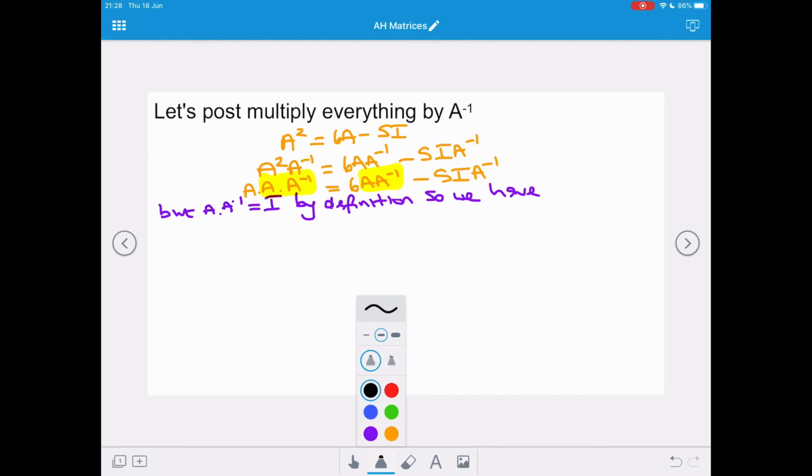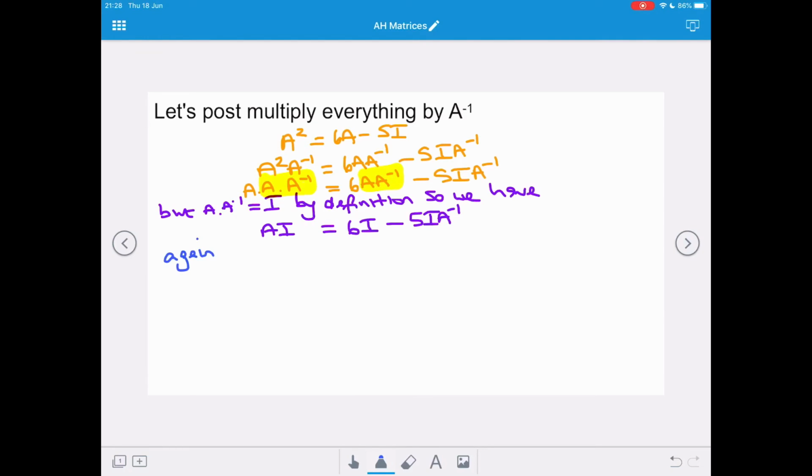And so we can replace these with our identity matrix. So we end up with A post-multiplied by I equals 6 multiplied by I minus 5I multiplied by the inverse A.